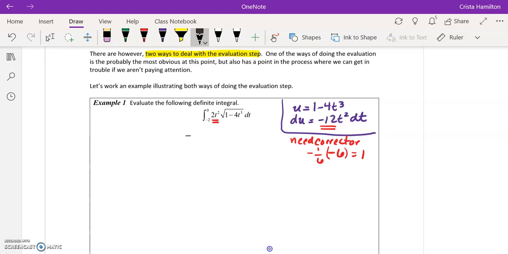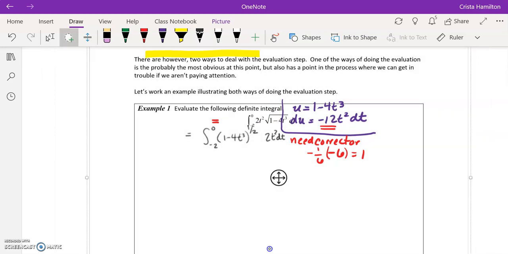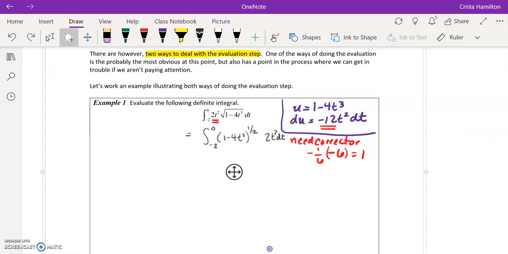So we'll come down here in the problem and write equals, the integral from negative 2 to 0. I'm going to format this a little better to get ready for the derivative, 2t squared dt. Let me move this over so I have a little more room.